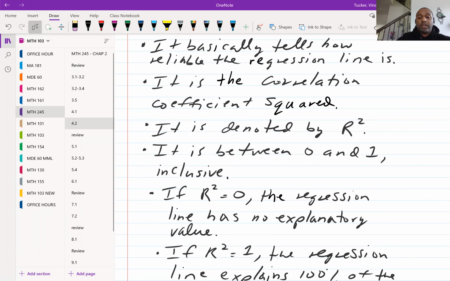So if the coefficient of determination is equal to 0, the regression line has no explanatory value.